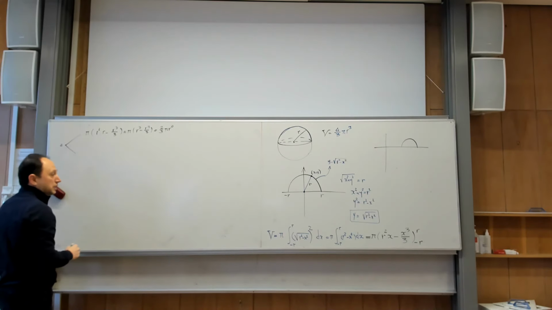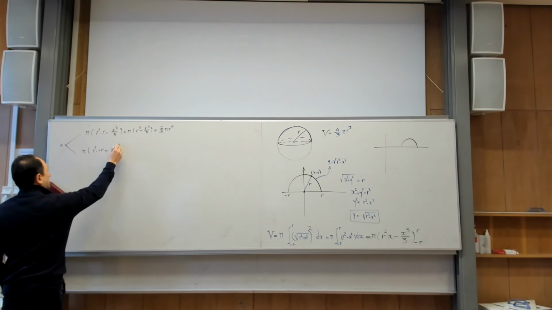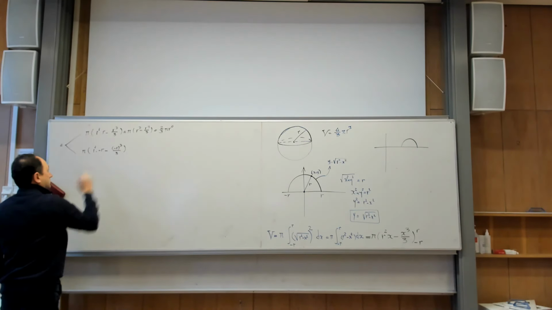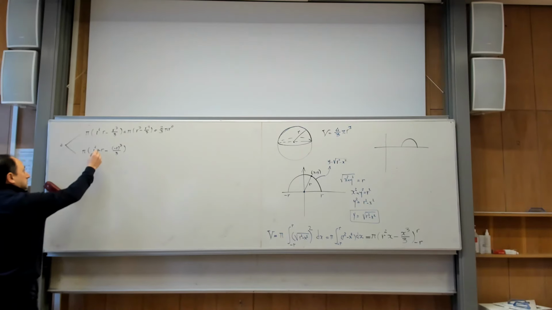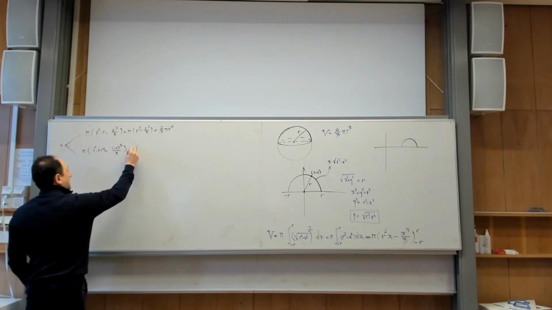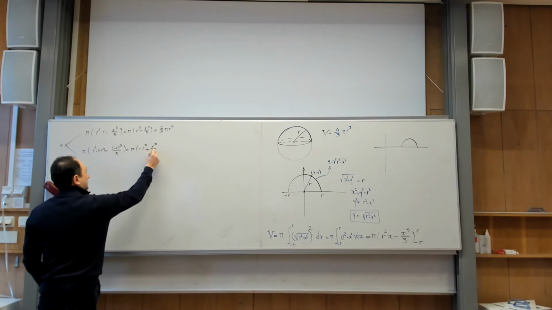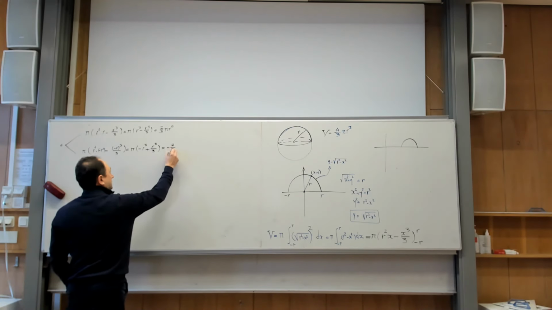If I plug minus r there, it becomes pi r squared times minus r minus minus r to the power 3 divided by 3. So then it becomes pi, this becomes minus r cubed, this becomes minus, but this becomes positive. And then this becomes negative 2/3 pi r cubed.